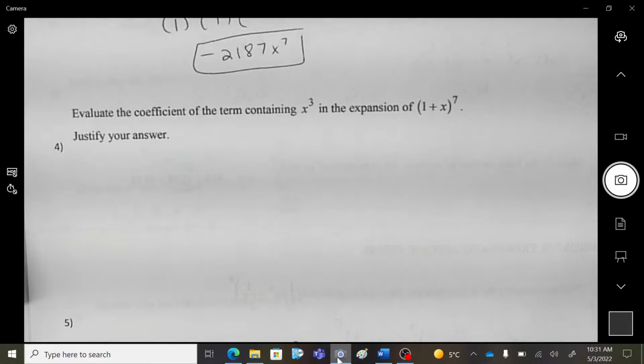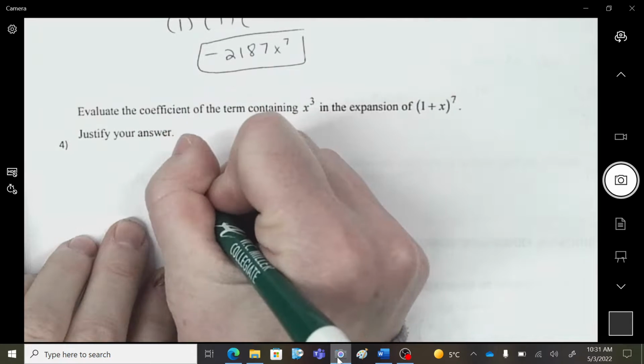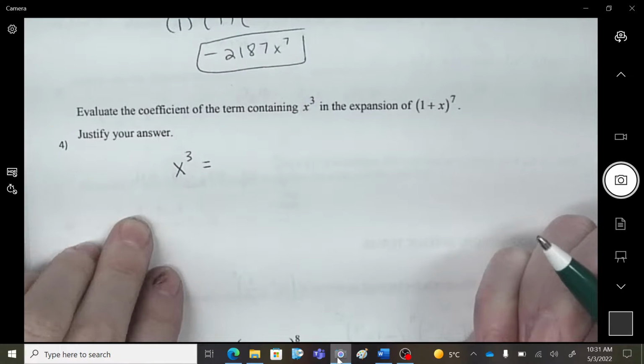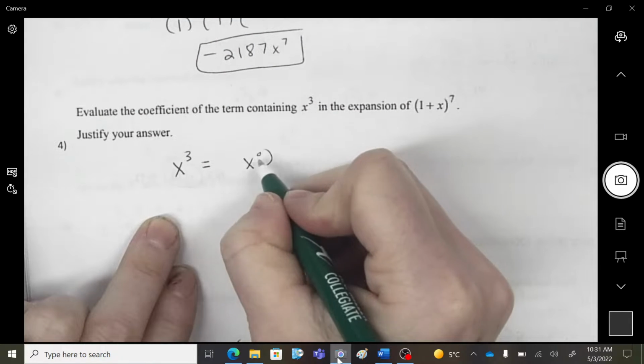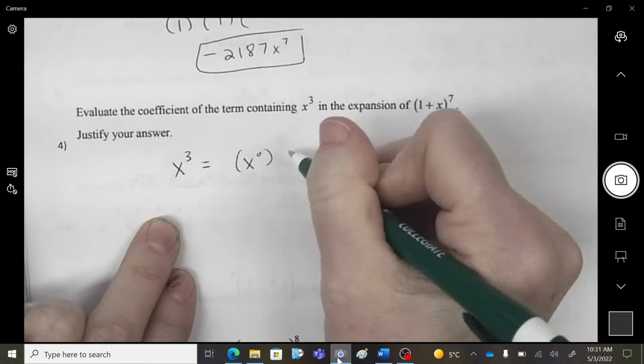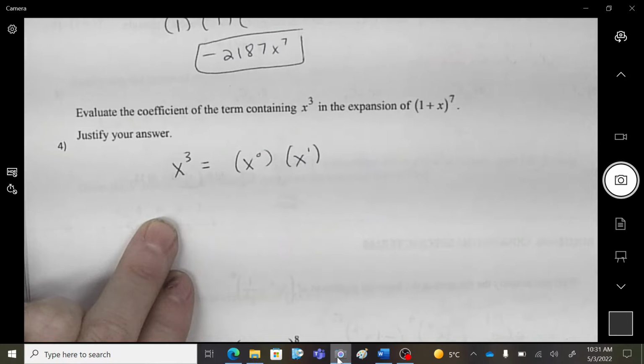Evaluate the coefficient of the term containing x cubed. Okay, so x cubed is what we want to end up with. And we had no x's in the first, and we had an x to the 1 in the second unit.